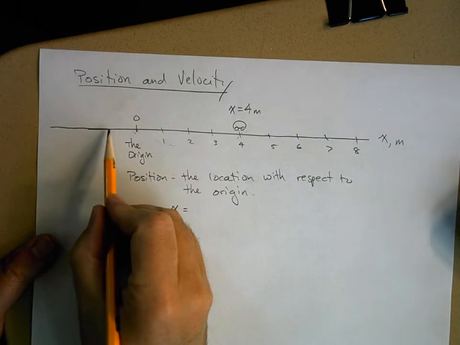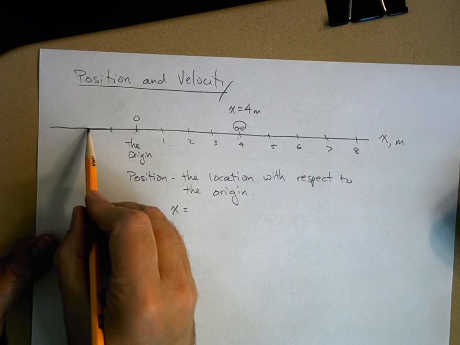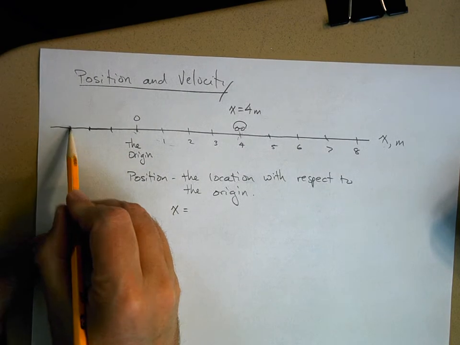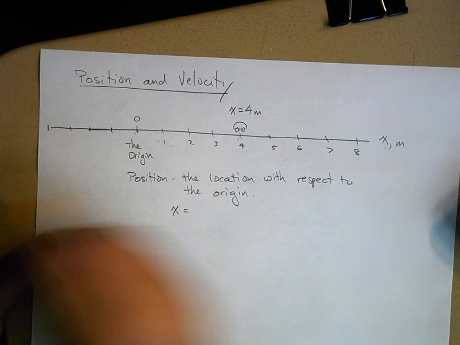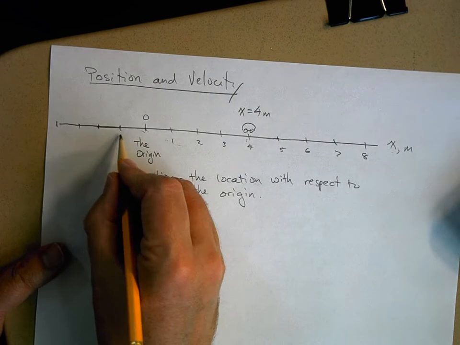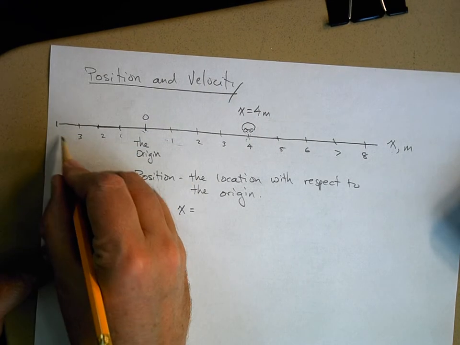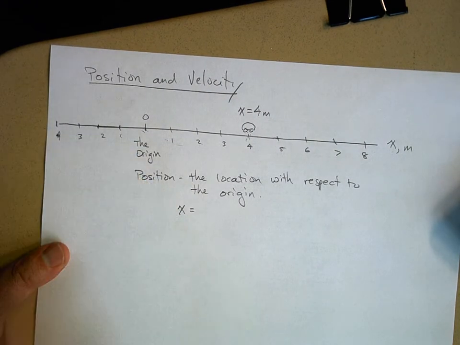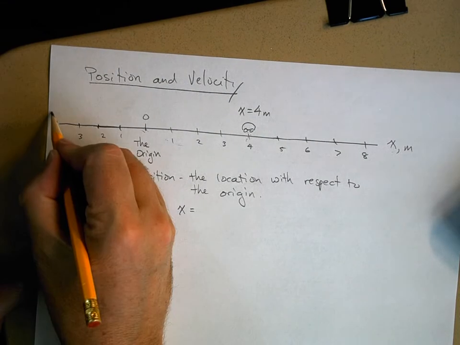Well, but, oh, I kind of messed this up. Let me squeeze it in over here, sorry. 1, 2, 3. But there's another place that's 4 meters from the origin, and that's way over here.